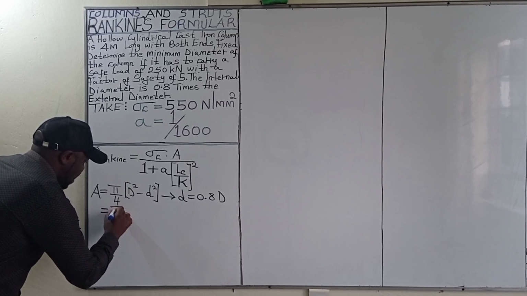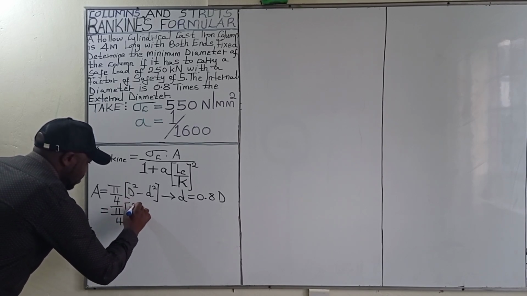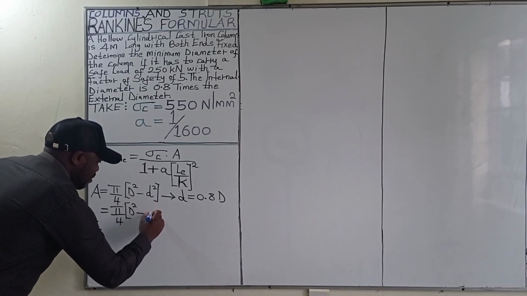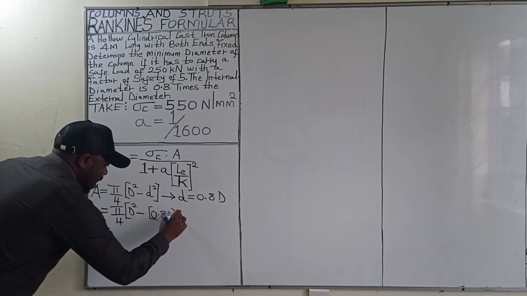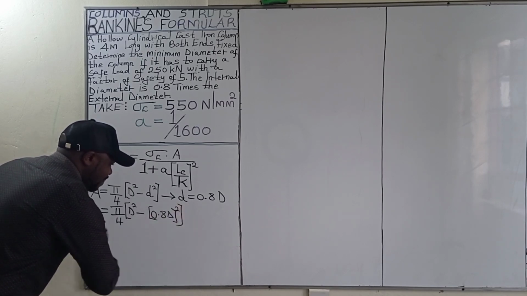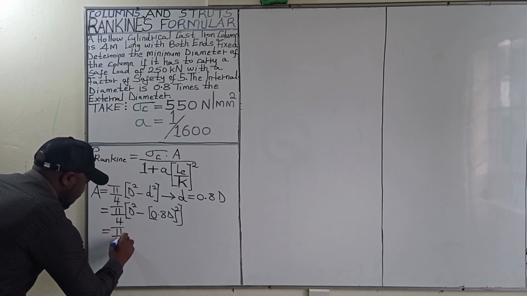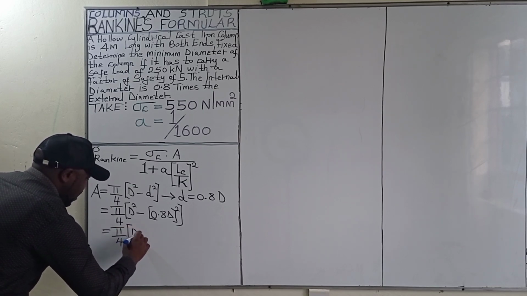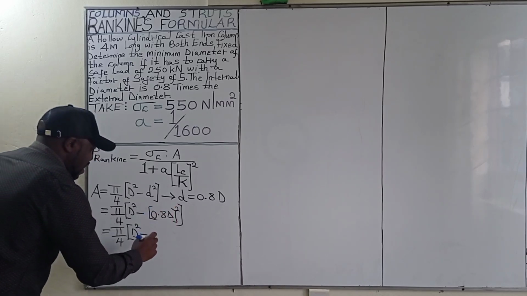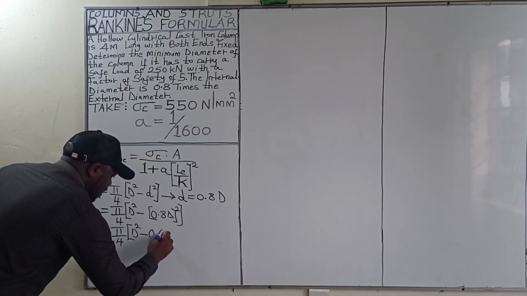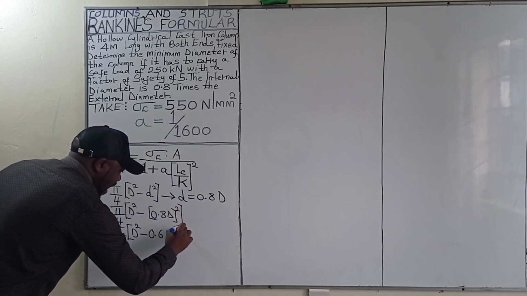So this is going to give us pi over 4 into D squared minus this small d, which is 0.8 D, and that is squared. So this will lead us to pi over 4 into D squared minus 0.8 squared, which is 0.64. Therefore, you have 0.64 multiplied by D squared.